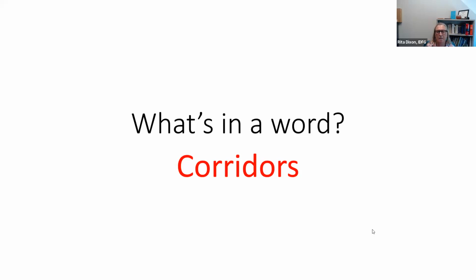So for those of us on the webinar today, I think we're all tending to think about it in the same context in terms of these discrete linear areas, but the term is now being used in some cases in the context of politically designated corridors.